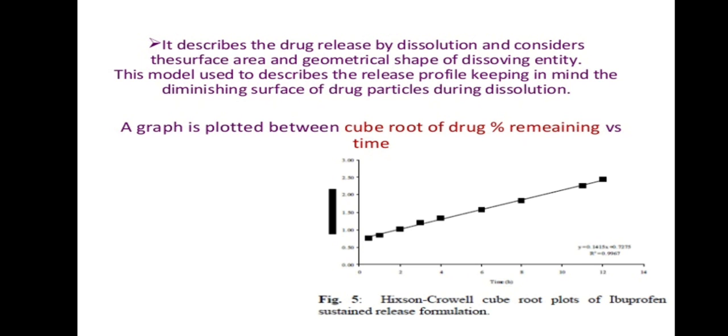It describes drug release by dissolution and considers the surface area and geometrical shape of the dissolving entity. This model is used to describe the release profile keeping in mind the diminishing surface of drug particles during dissolution. This is the graph between cube root of drug percent remaining versus time.